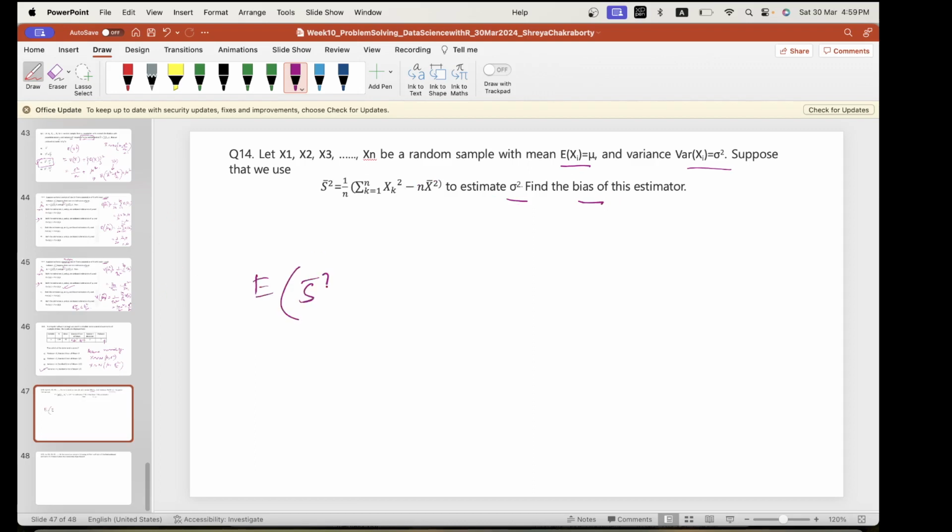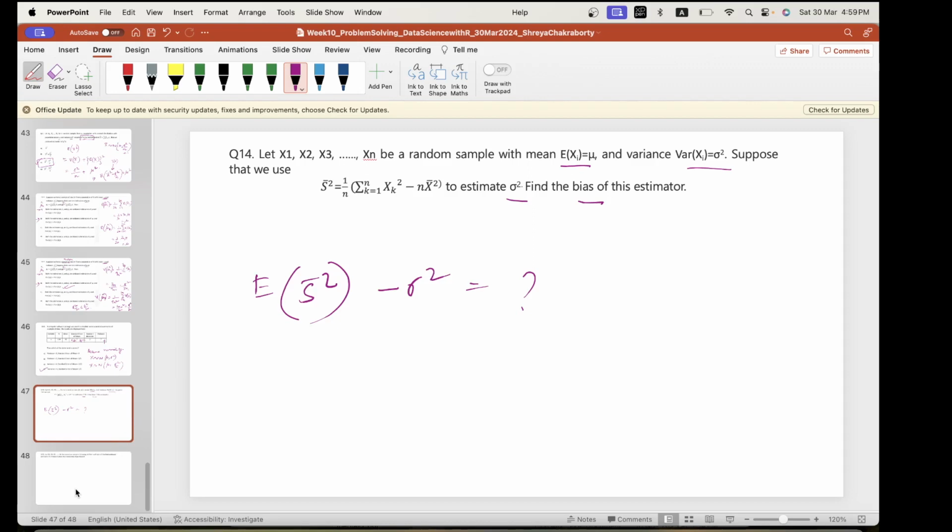We need to find expectation of s bar square minus sigma square, and whatever will come, that will be your bias. Alright, you know the mean and variance of x1s and x bar, you would be able to calculate, and then it shouldn't be an issue.